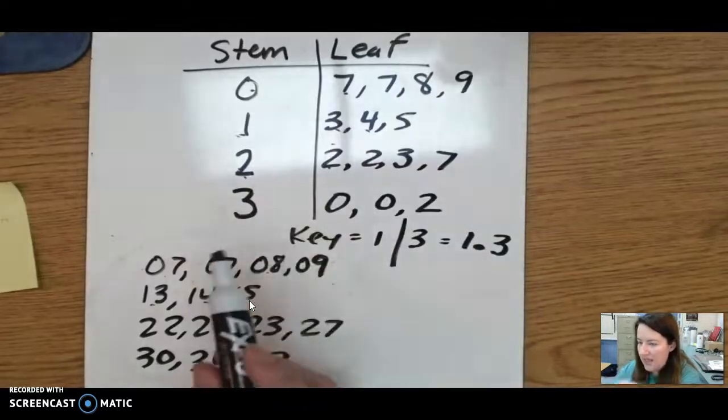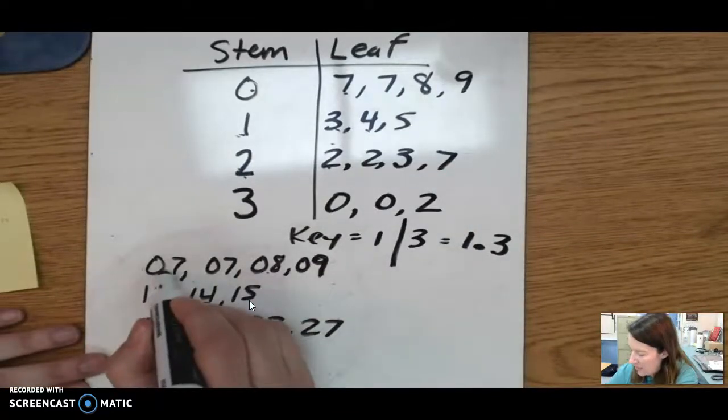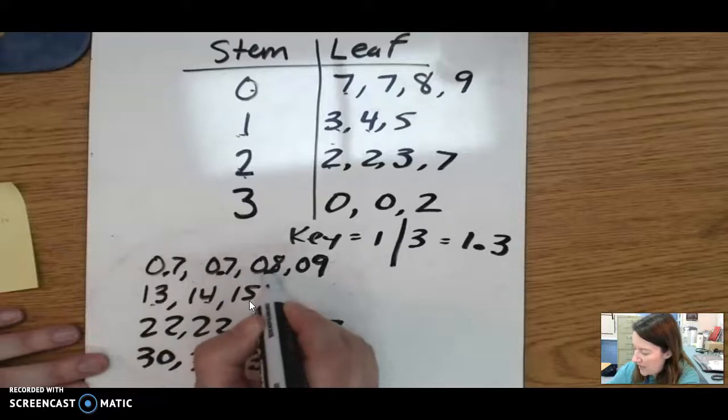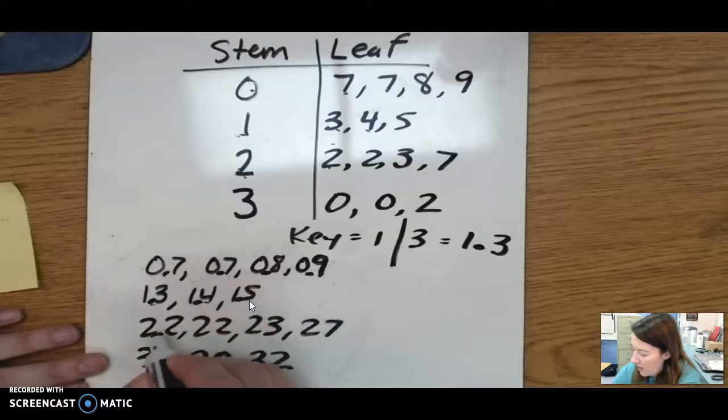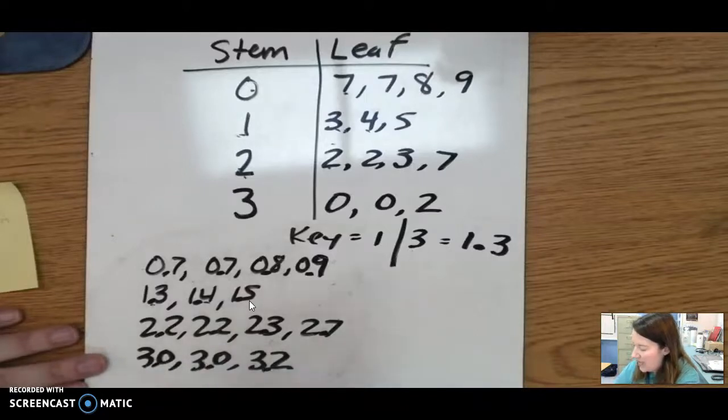So now all of these, if I looked at it with this key, would be 0.7, 0.7, 0.8, 0.9, 1.3, right? These would all have decimals in between. There's a question on your test like that.